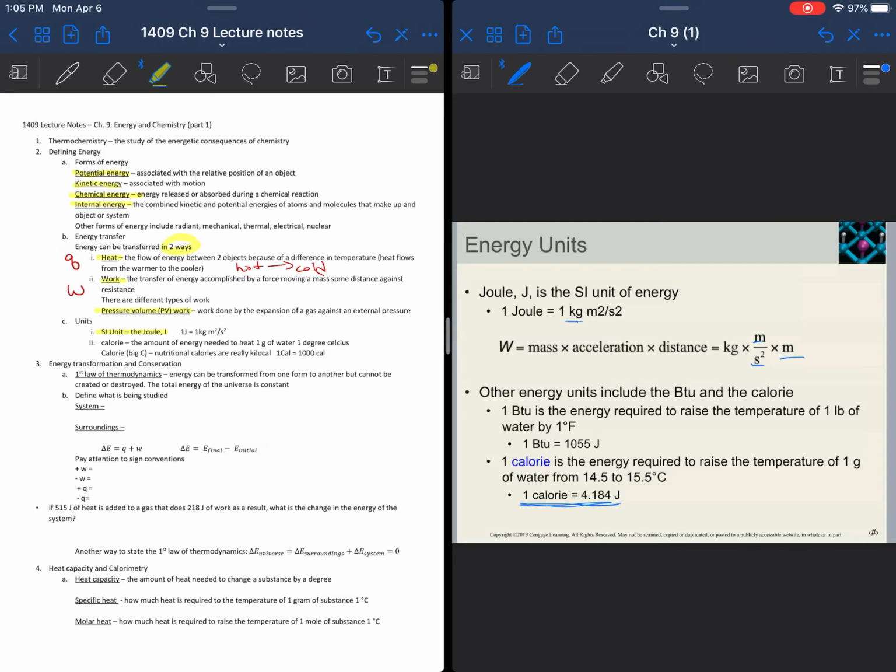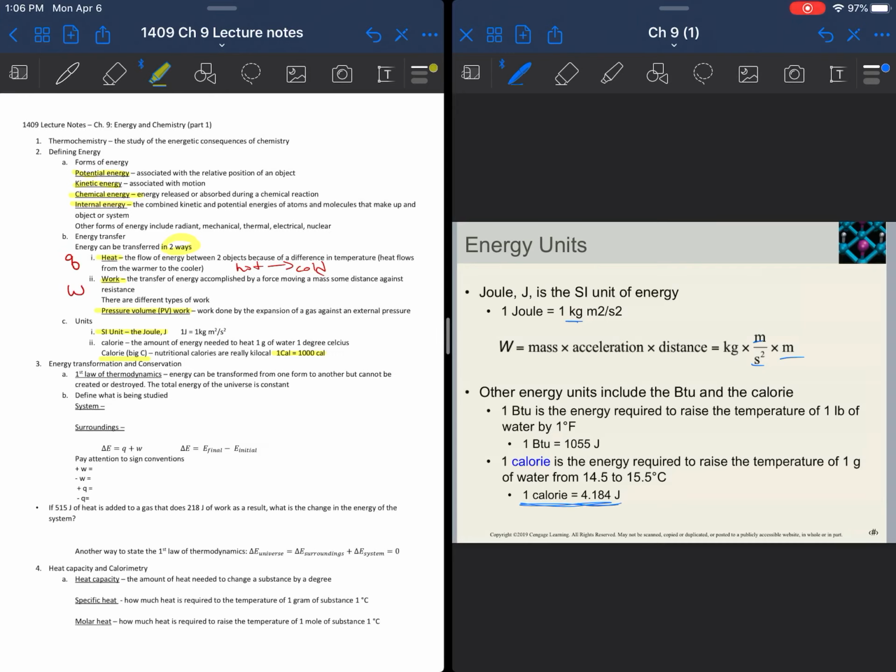Now, something that people often misunderstand is the calorie on the nutrition label of your food item or your drink is not this lowercase c calorie. It's big C calorie. And big C calorie here is really a kilocalorie. So 1 big C calorie equals 1,000 little c calories.